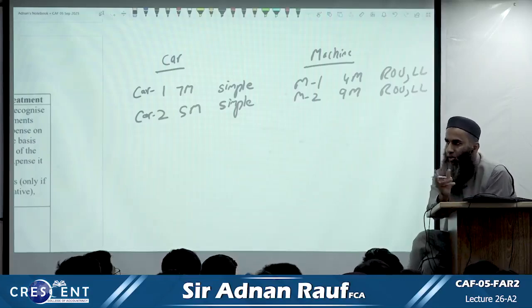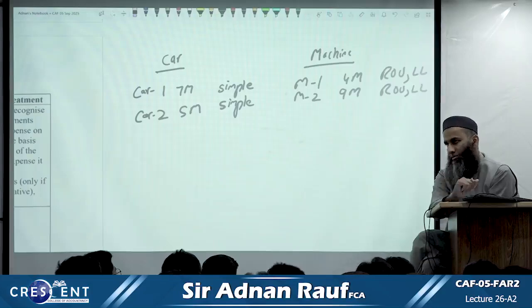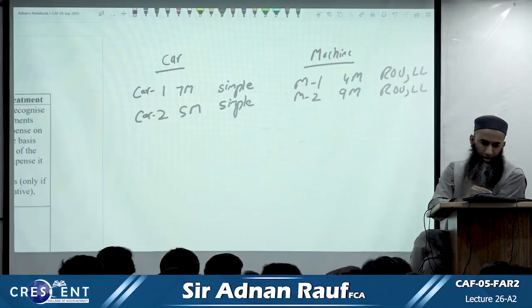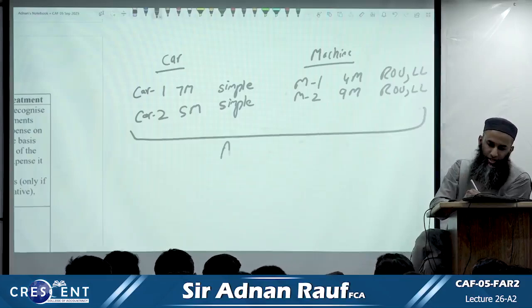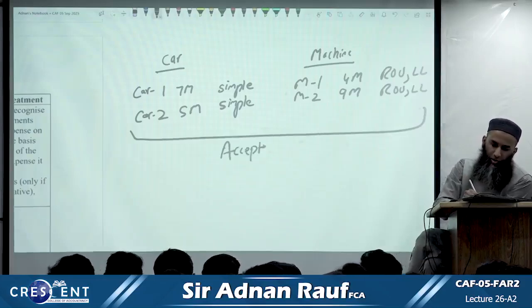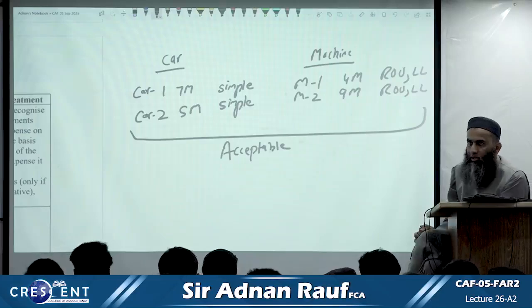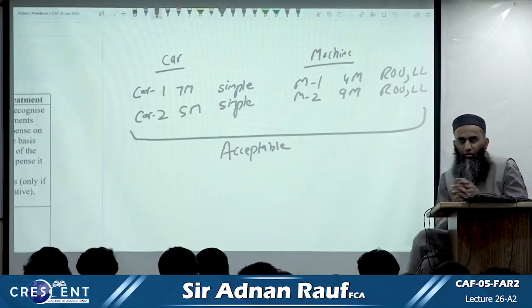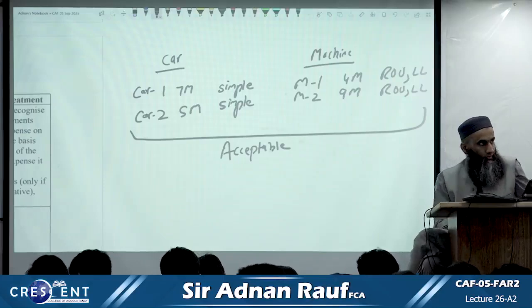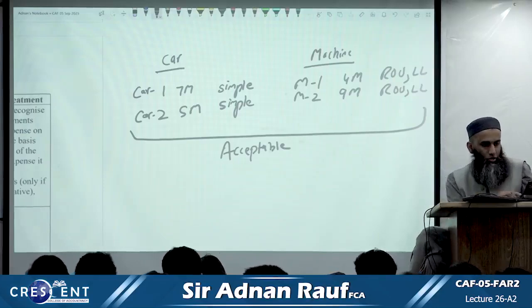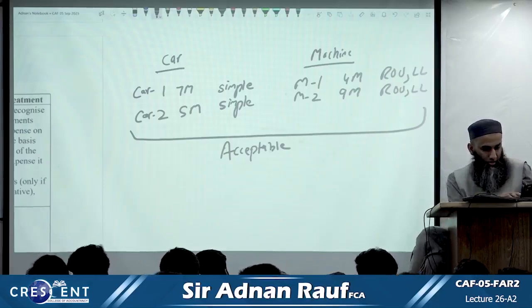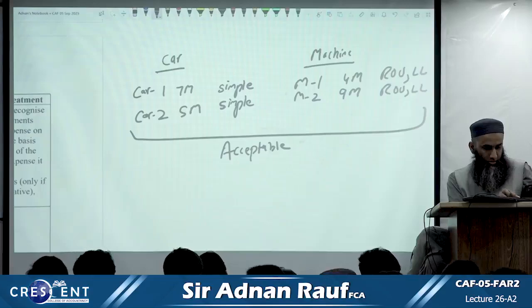If there is a normal approach for one of the machines, then note the normal approach for all the other machines. It is acceptable. Yes, later you can change your accounting policy. That is a different matter, from next year you can change the accounting policy.